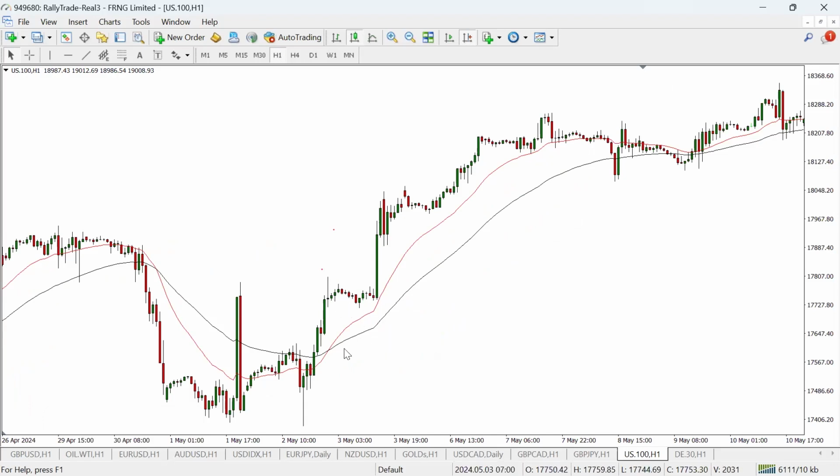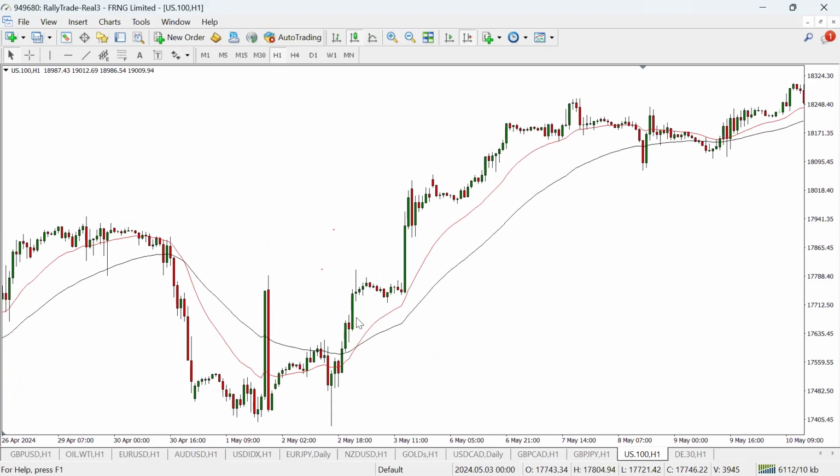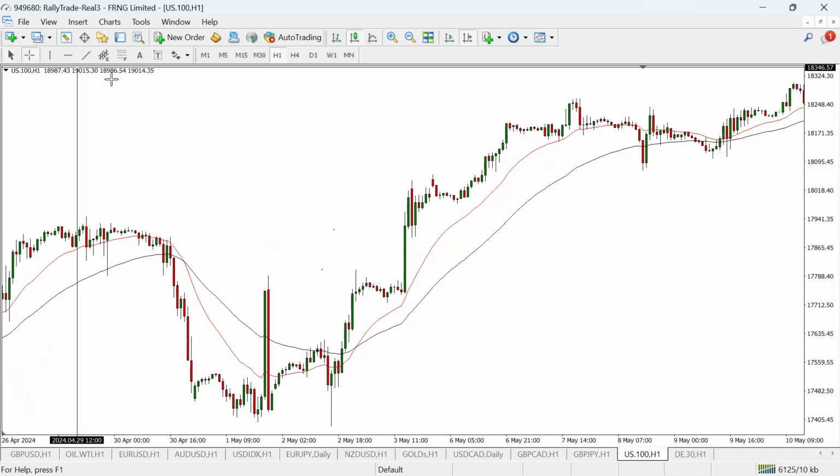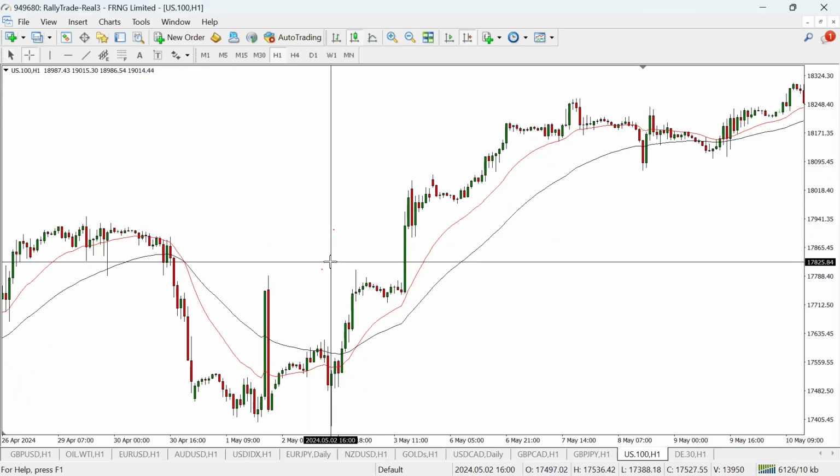Now, let's say we see the price trading above these two moving averages. Once you see that, all you need to do is identify where the new high is, wait for the retracement, and put your pending order above the previous high.